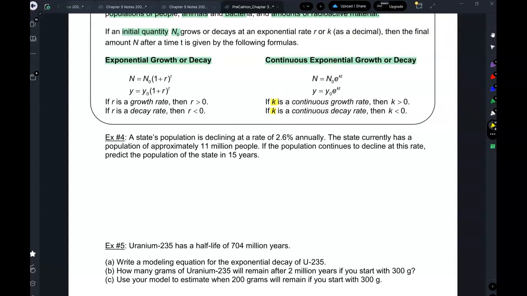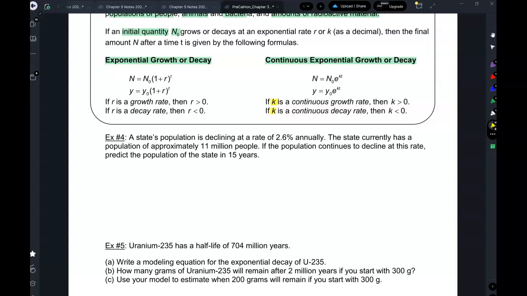So the one to the right is continuous, and it has to say that it grows continuously. For example, if your salary increases by a fixed rate every year, that's not continuous. That's an annual growth. You would use the first one to the left. But if it says something is changing continuously, then you would use the one to the right.